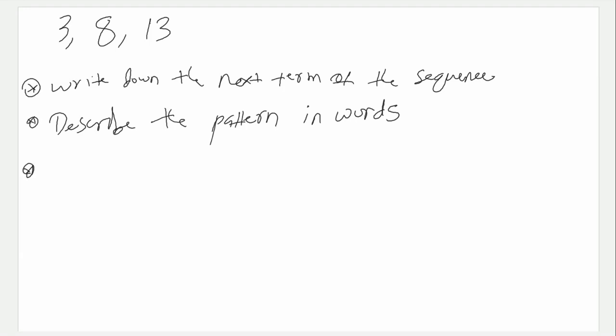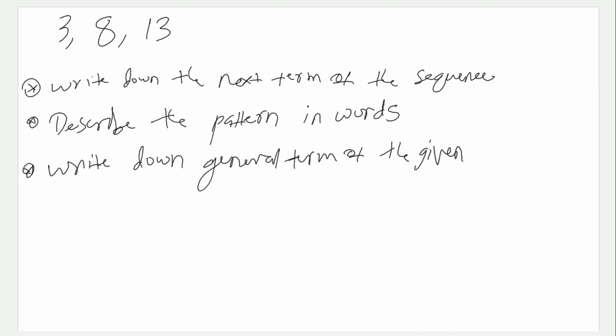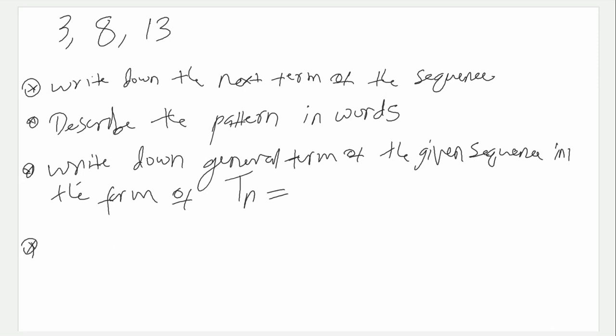Number 4 says write down the general term of the given sequence in the form of Tn equals. The fifth one is a bit tricky, so I'm going to stop right there. It's something that we will do after this.